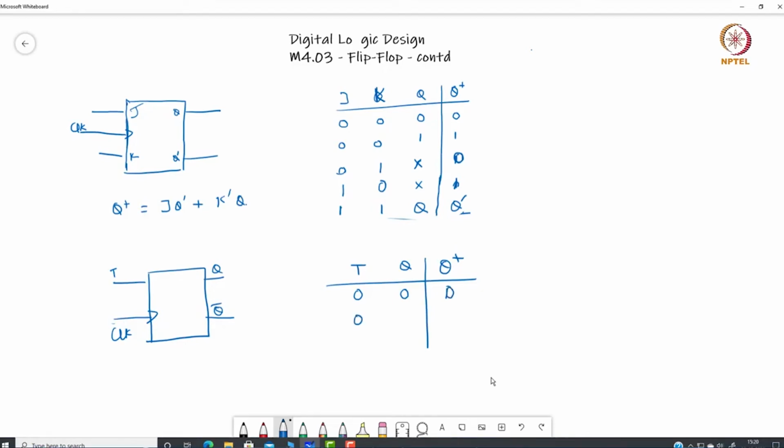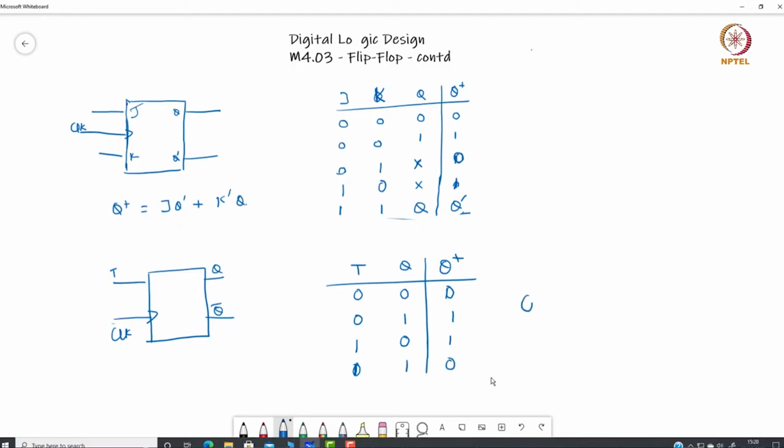If T is 0, the output is going to be Q. But if T is 1, the output is going to be the inverted value of the previous state.